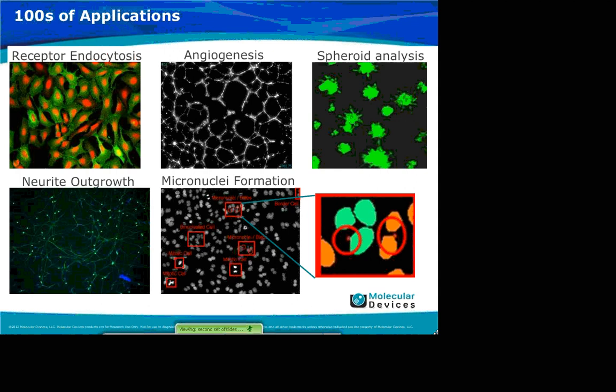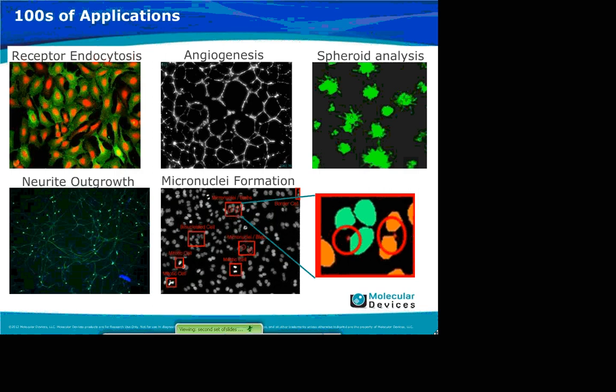There's a lot of people doing neurite outgrowth screens for neurodegenerative diseases, and micronuclei formation, where you're looking for these small little buds that show up on the nucleus after they've divided.